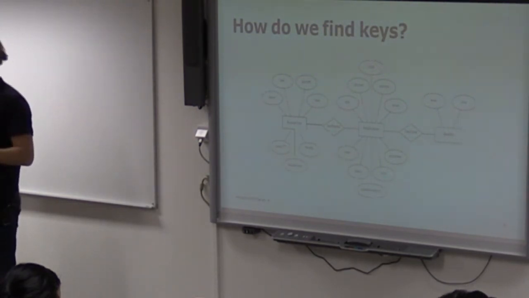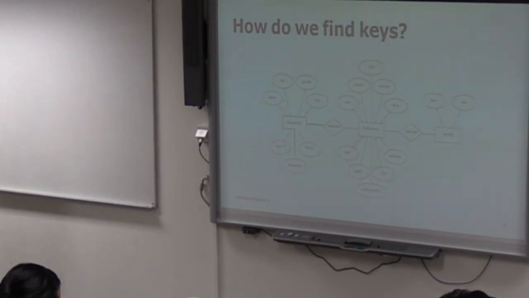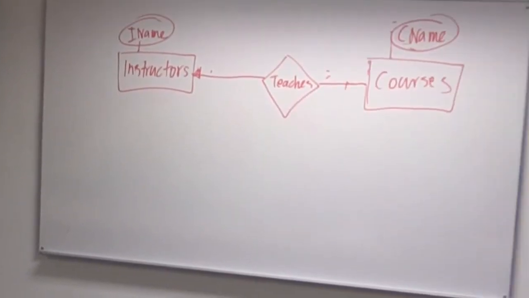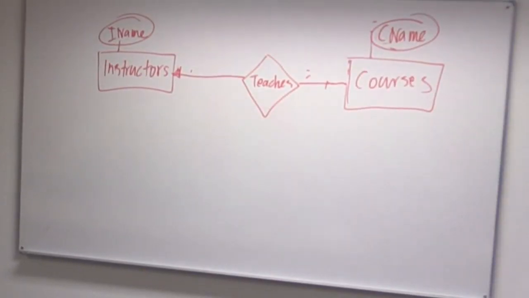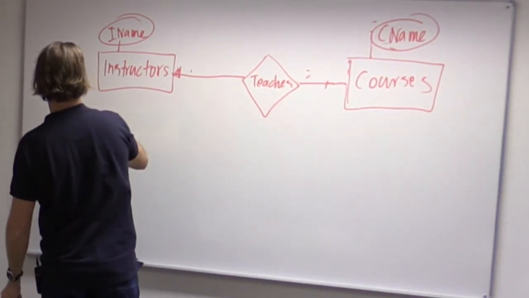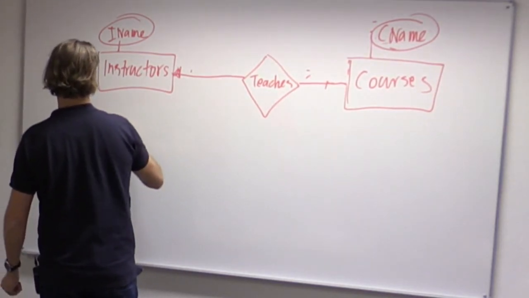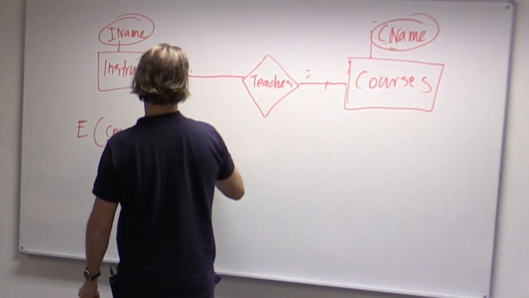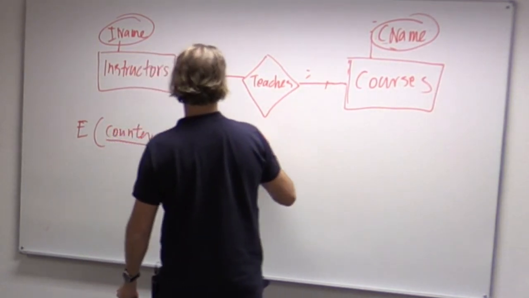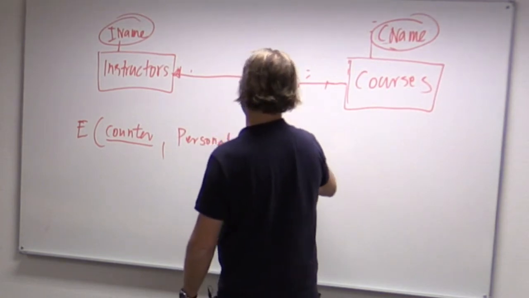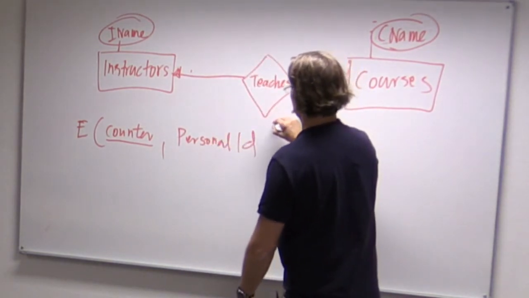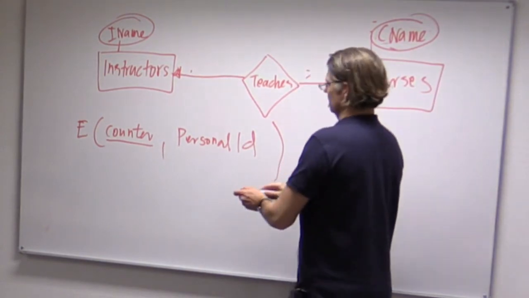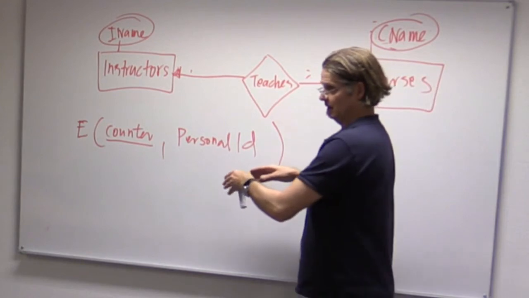Why is it bad? Because you will have that uniqueness by your counter, but you will have the same values there. And this is really a bad design.